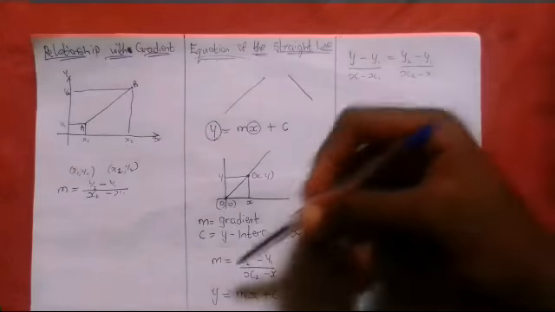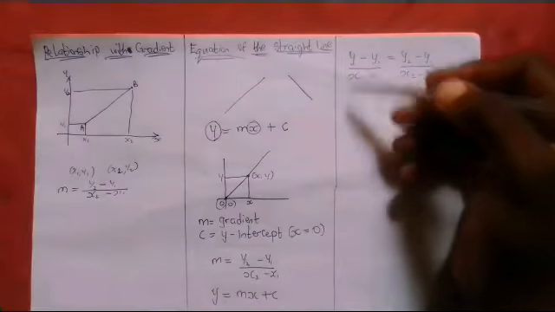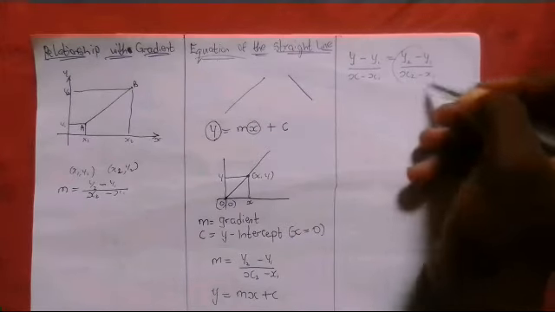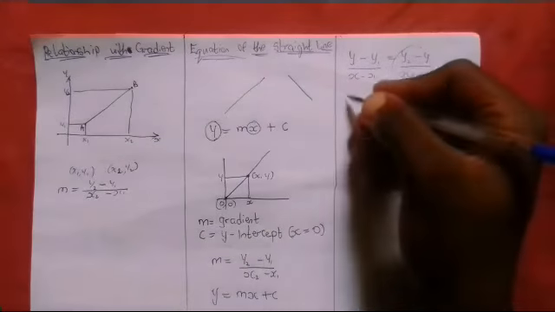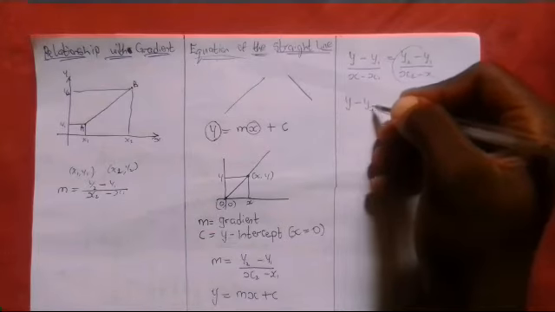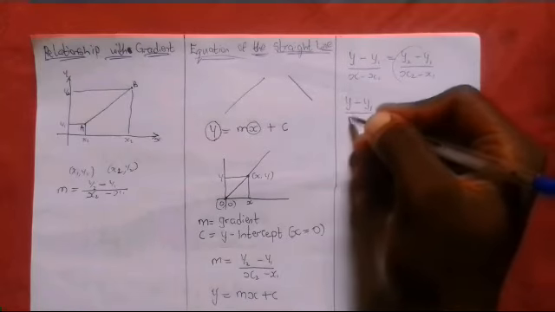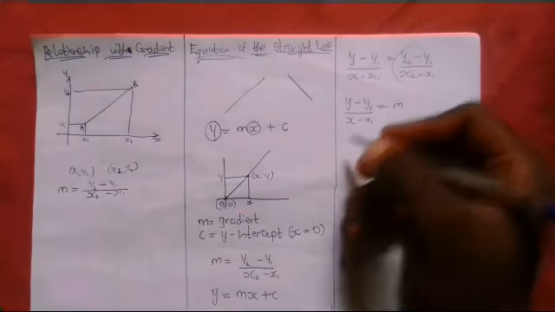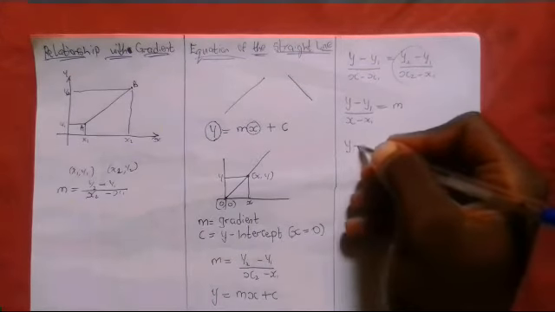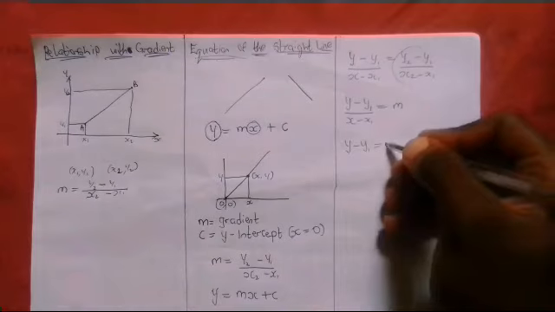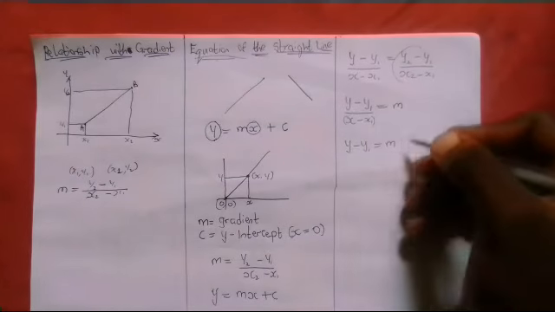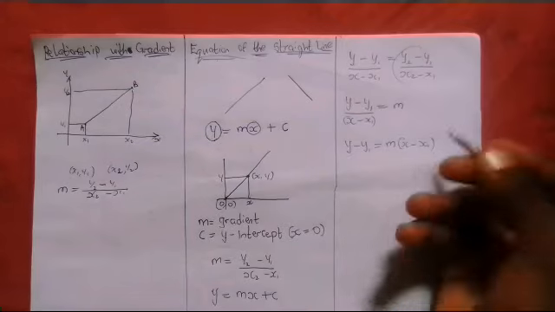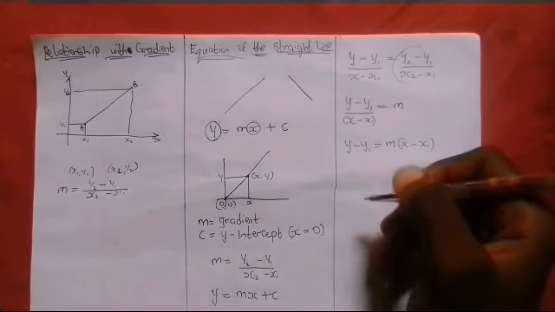This y and x represent the x and y values, and y2 minus y1 over x2 minus x1 represents the gradient that we know, which means you can also say y minus y1 over x minus x1 is equal to m. By the time you cross multiply, it becomes y minus y1 is equal to m, multiplying x minus x1. This also represents another formula for the knowledge of gradient.